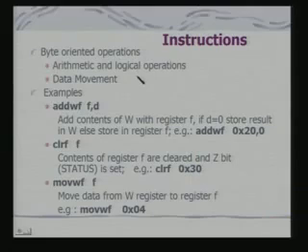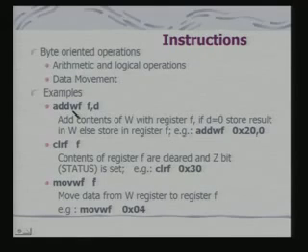Let's first look at byte-oriented operations. These byte-oriented operations are primarily targeted for arithmetic and logical operations as well as for data movement. We have shown some examples here. These instructions, ADDWF F,D, is an instruction for addition.